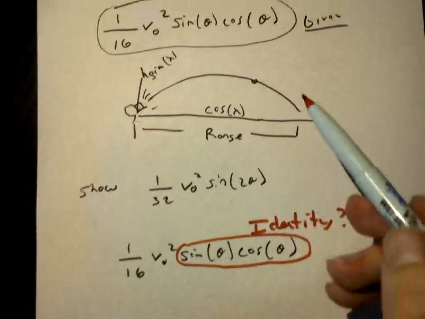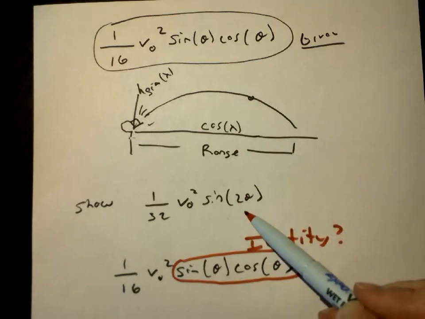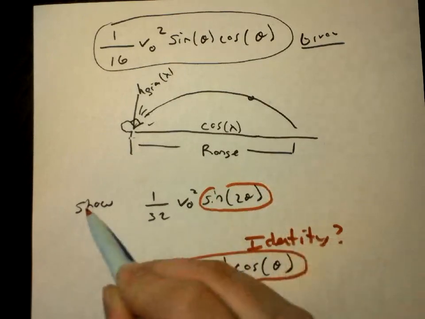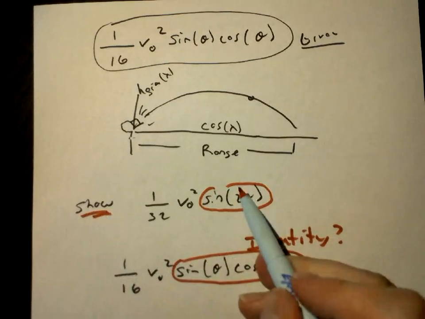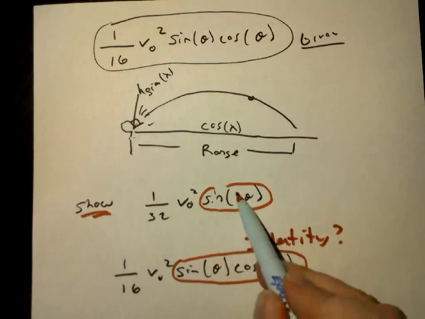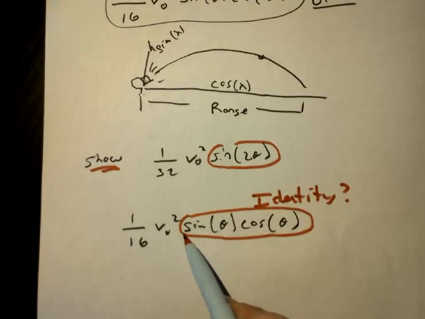Well, if you are given this and you're showing this, think about this. This one you're trying to get to. You're trying to show this one. That identity is close to this. There's only one thing missing here, which is a 2.